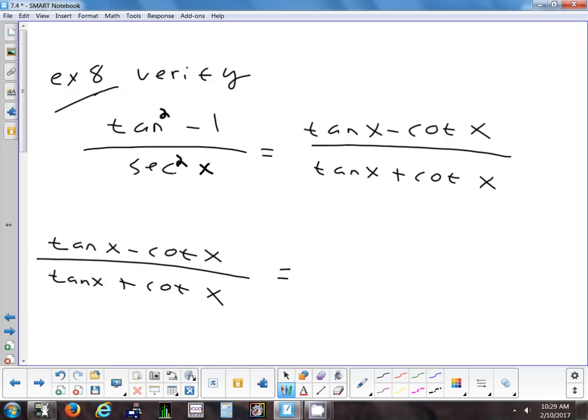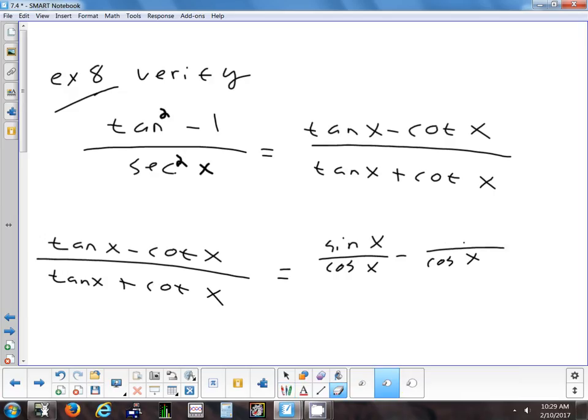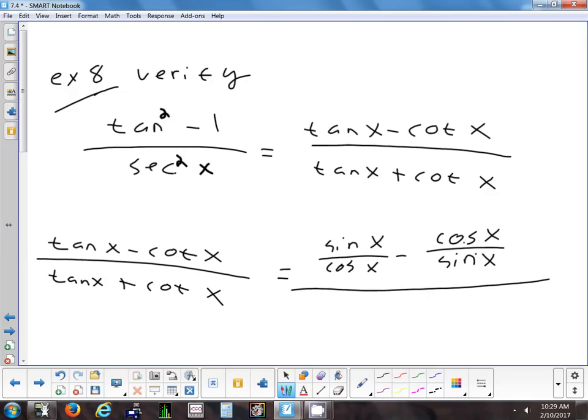So what is tangent? So we got sine over cosine. What's cotangent? Cosine over sine. All right, and then the bottom is the same thing, with just a plus sign.